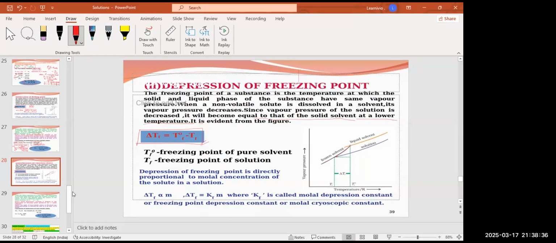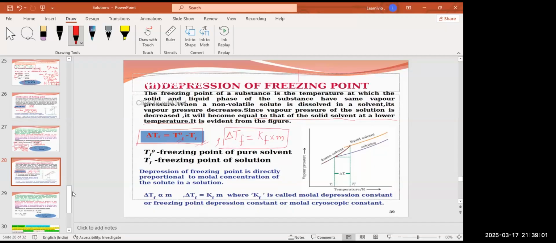Okay, good. So here, TF naught is the freezing point of pure solvent, like for water, and TF is your freezing point of the solution, and delta TF is your depression in freezing point. Okay, here one formula is also there: delta TF is equal to KF into m.